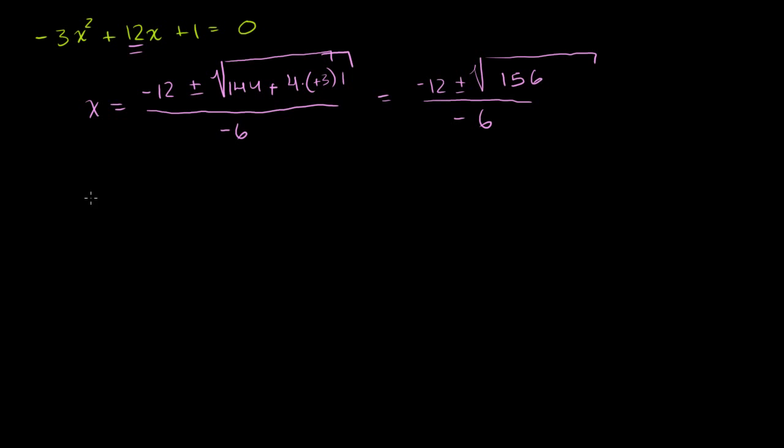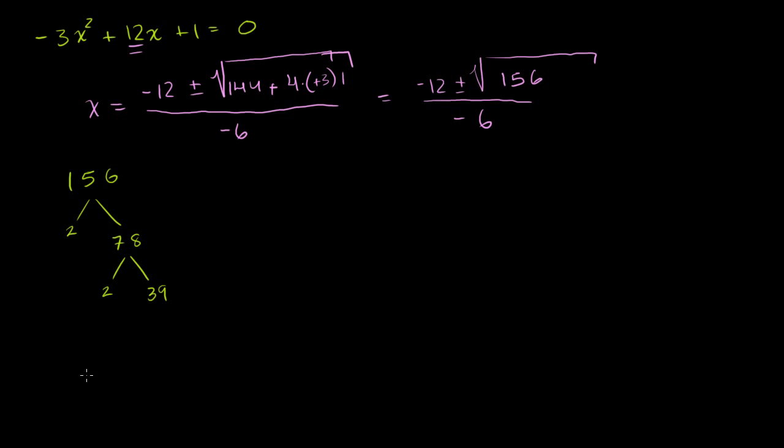So let's do a prime factorization of 156. Sometimes this is the hardest part, simplifying the radical. So 156 is the same thing as 2 times 78. 78 is the same thing as 2 times what? That's 2 times, is that 2 times 39? 2 times 39.